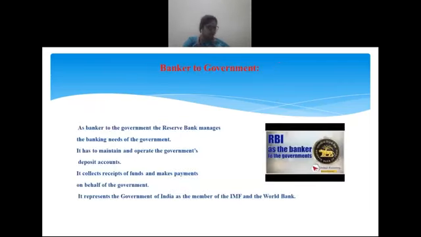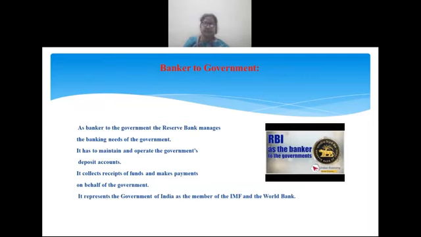The banker to the bank, we saw already. Now, banker to the government. The Reserve Bank manages the banking needs of the government. It has to maintain and operate the government's deposit accounts. Whatever the government deposits will be with the RBI.